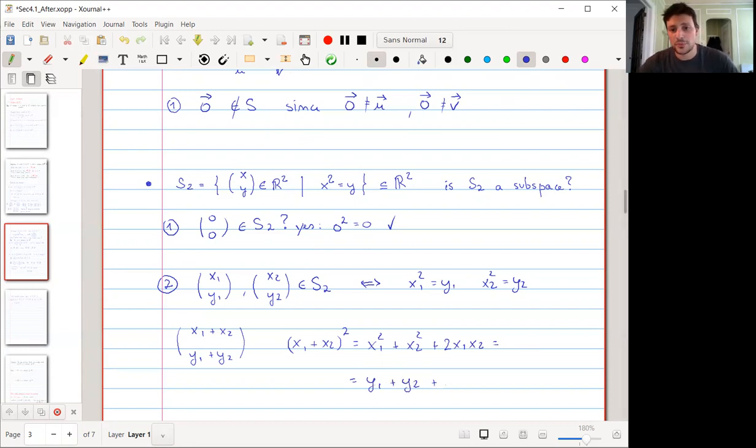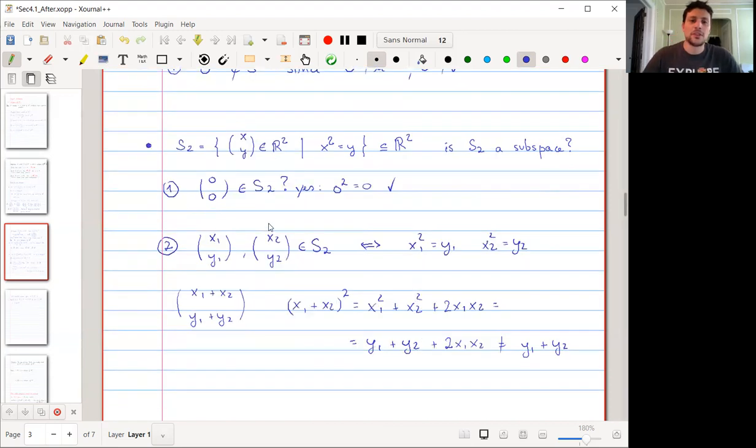But there's this extra piece, 2x1, x2, which is different from y1 plus y2. In other words, this set S2 is not closed under sum. And therefore it's not a subspace.